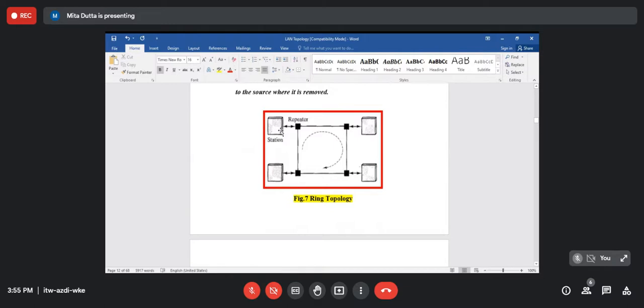That is, if this station sends an information, the signal will go through all the stations and then end up here. Signal flow is in one direction, whereas in bus we have seen the signal flow in both ways.